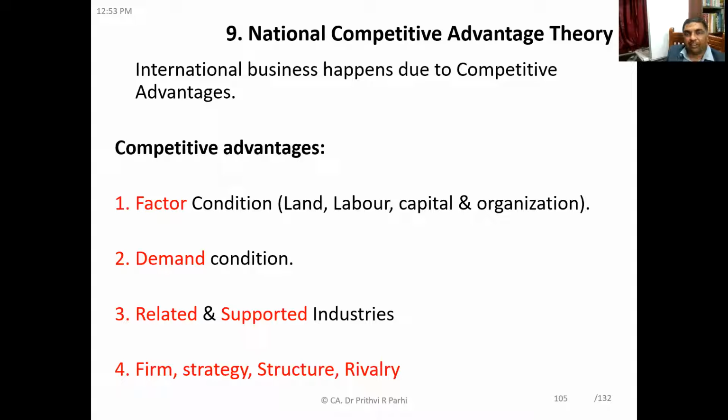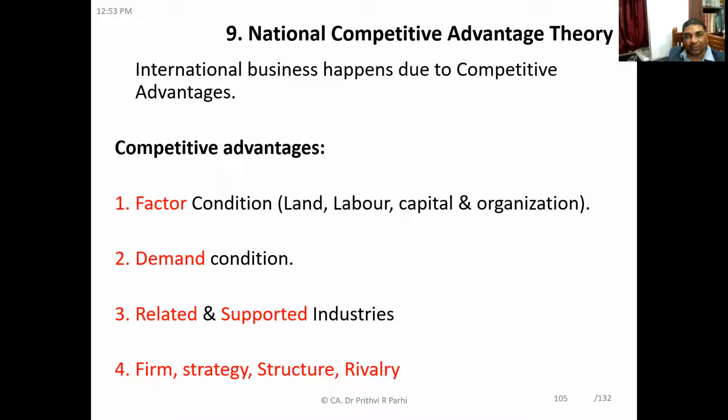Okay, and competitive advantage may also come from demand conditions. Let's say demand for a particular product is more, or there are related industries or supporting industries which will support the production process. That's a competitive advantage. Because of that, one country can be in a more competitive position.